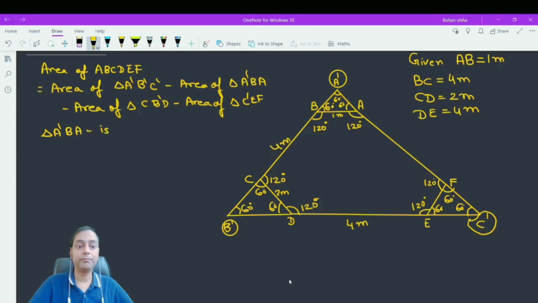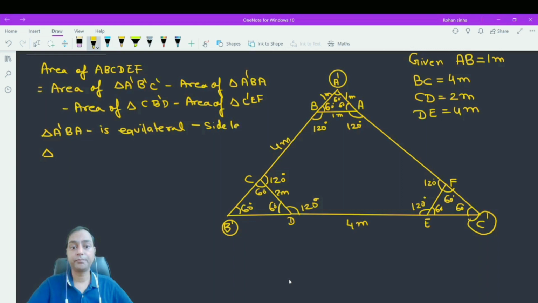So what can we see? This length is also 1 meter and this is also 1 meter. So side length is 1 meter. Why is it 1 meter? Because AB is given as 1 meter.